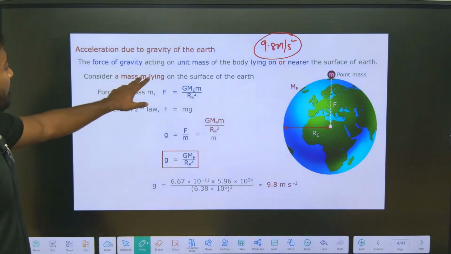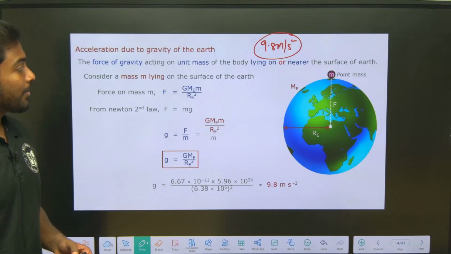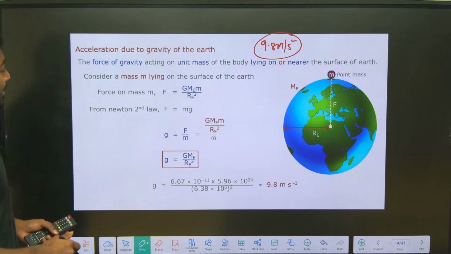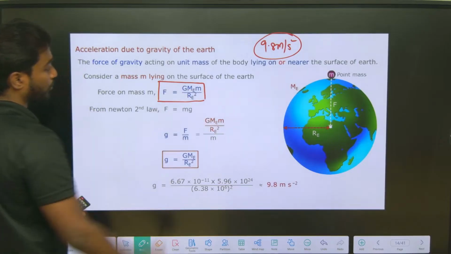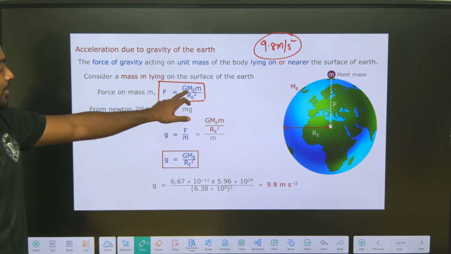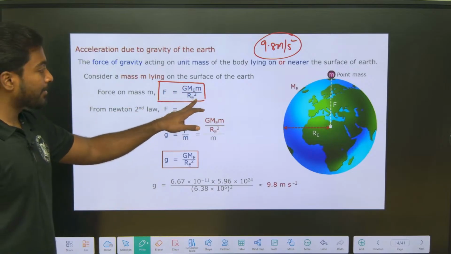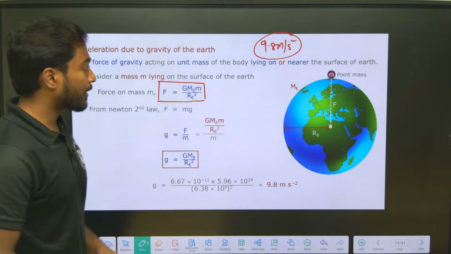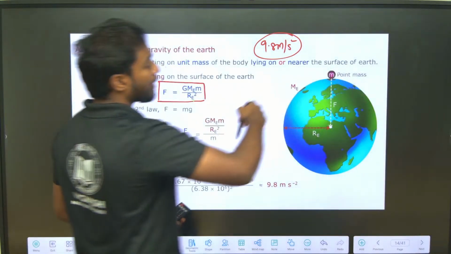So the force of gravity acting on a unit mass of a body lying on or near the Earth's surface. We know the formula, F is equal to G M m by r square, where capital M is the mass of the Earth and small m is the mass of the object, right? And r is the radius of the Earth. The point mass which I have kept is on the surface of the Earth.